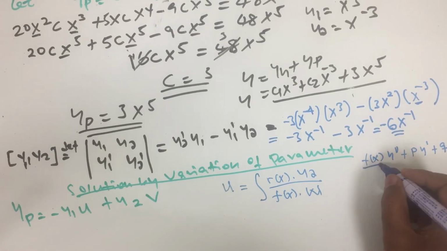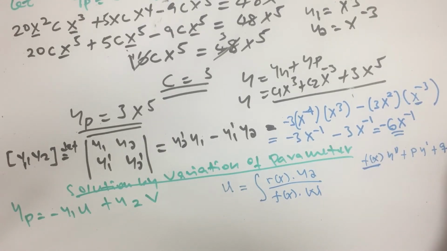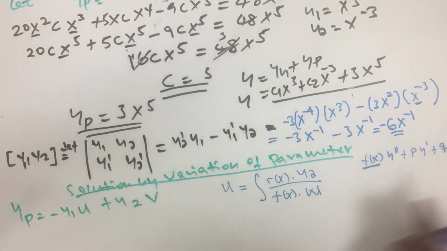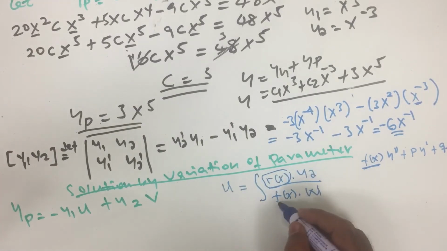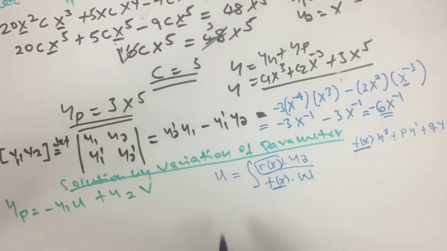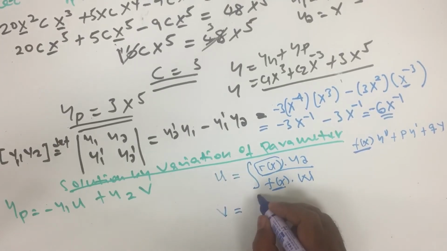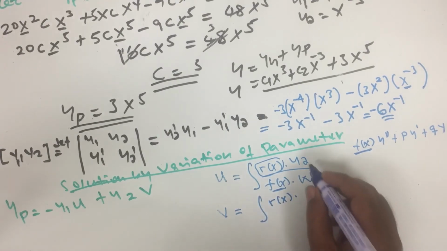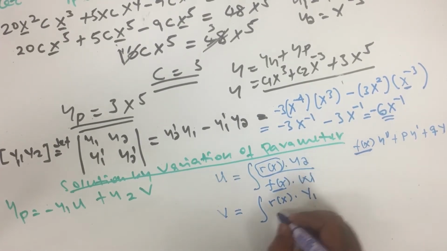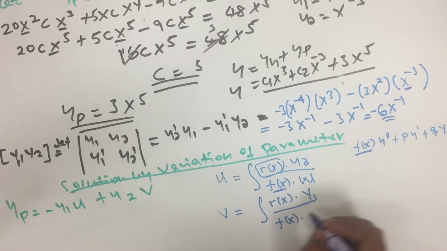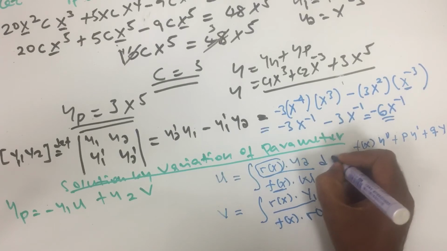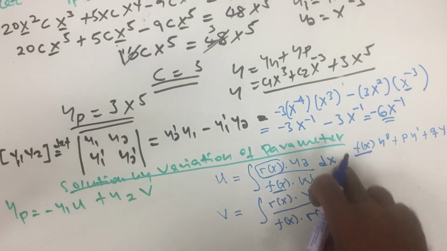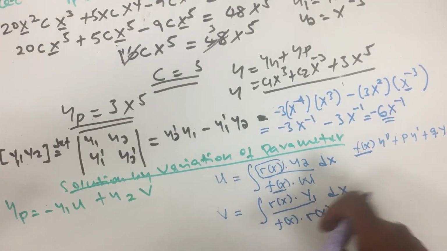Okay, so as you can see, this coefficient is f of x, and the one after the equality is r of x. So we have here r of x, we have f of x. And v is given by the integration, again r of x, nothing will change, only y2 becomes y1 here, divided by f of x times the Wronskian with respect to x.